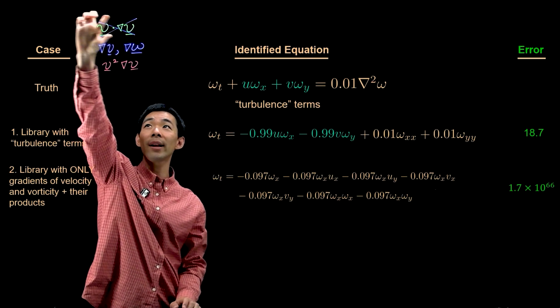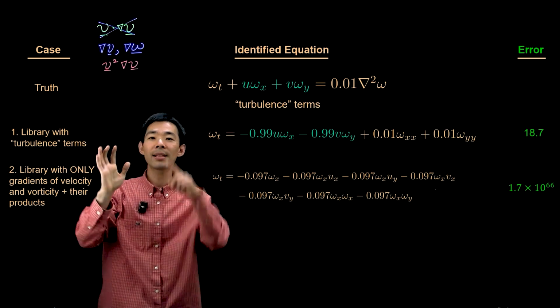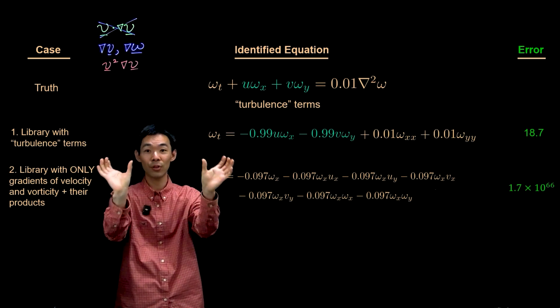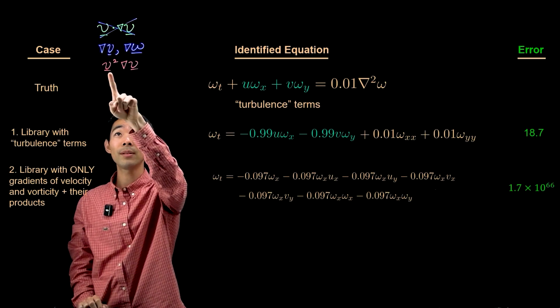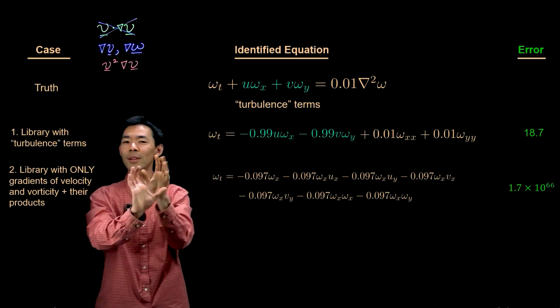This is a quadratic form, right? So I have V and grad V. That's like a parabola. That's a quadratic term that's contained in the Navier-Stokes equation. This is more of a cubic term. It's V squared and another grad V.